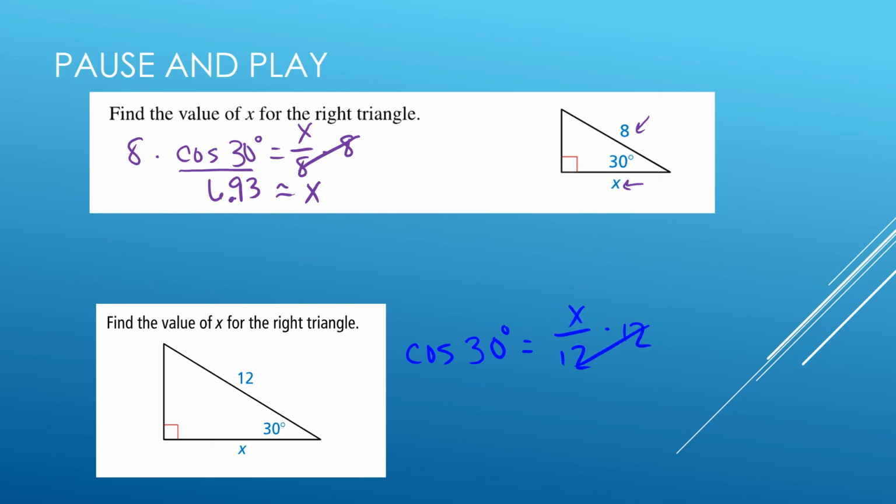So we multiply by 12 on both sides. Then we do 30 cosine, and it doesn't matter what that is because we're just going to multiply it by 12. In that case, x is 10.39. So what we found is what this side has to be and what this side has to be.